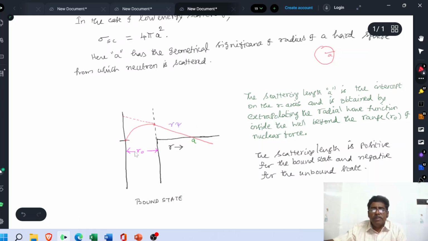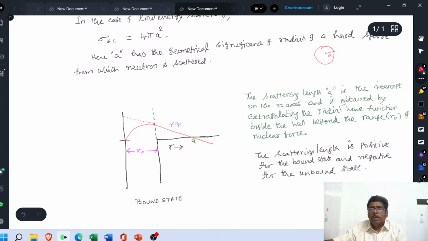Beyond the range, which means outside the square potential, R0 provides the radius of the nucleus. Beyond the range means outside the box. Beyond the range, the Coulombic potential alone will be dominating, and if the particle is coming out of the Coulombic potential region, it is called a free particle.